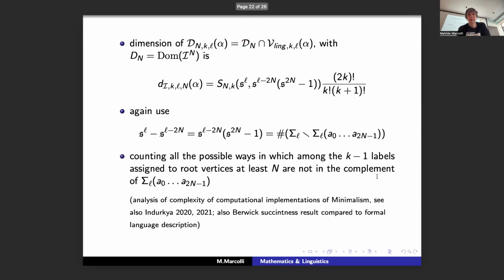So the point of this is just that you can see that the complexity of these little feature checking is growing very fast with the number of steps in your derivation.